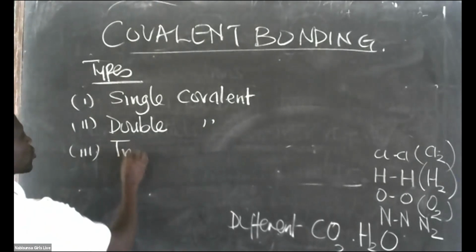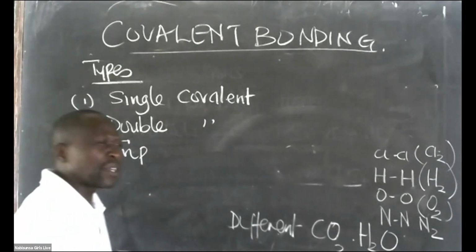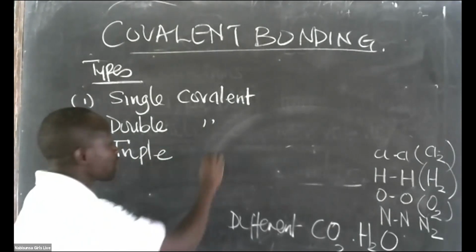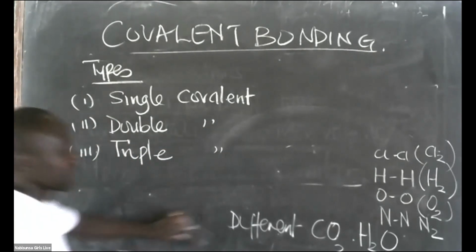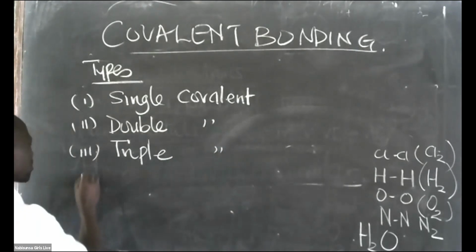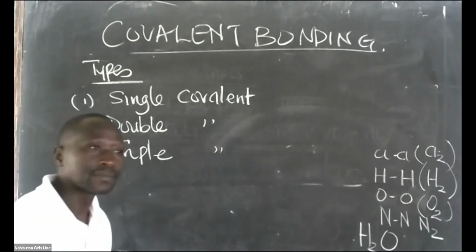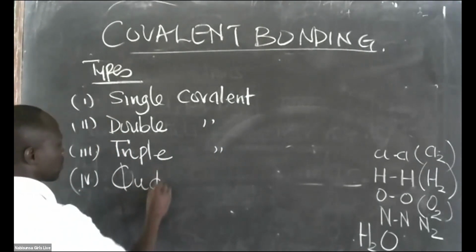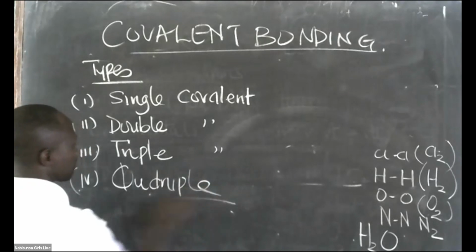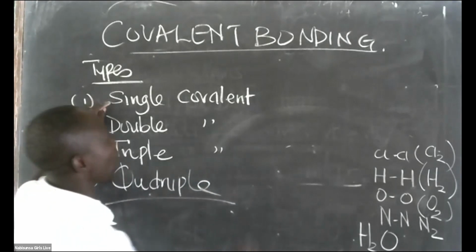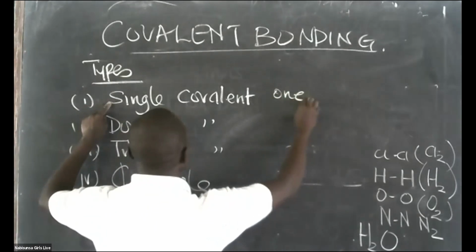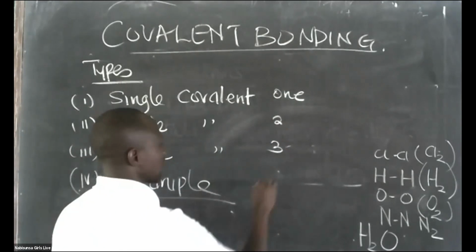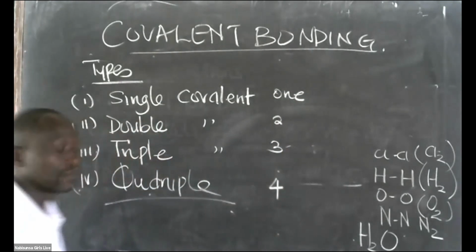There is what we call triple covalent bond. There is a fourth which is not very common. What do you think it would be? Quadruple. Single means 1, double means 2, triple means 3, quadruple means 4.